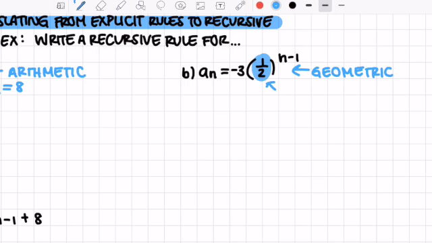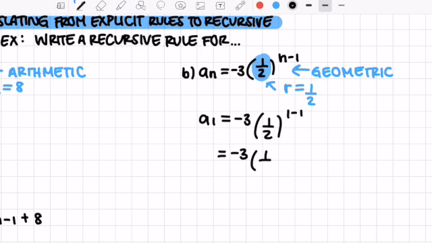Rate is always inside that parenthesis. And then from there, another thing that I could do is find out what my first term is by plugging it in. -3 times 1 over 2 to the power of 1 minus 1, that equals -3 times 1 over 2 to the power of 0, which would just equal -3 times 1, which is just -3.